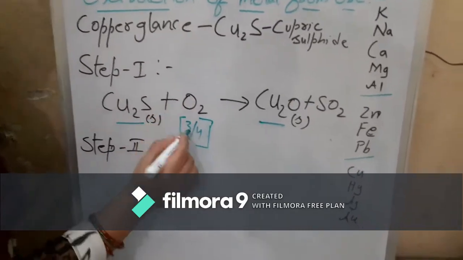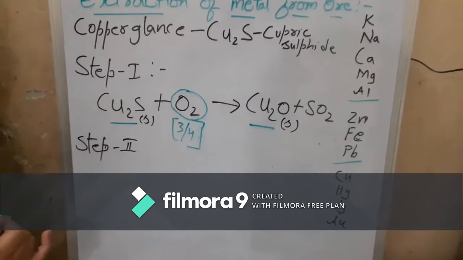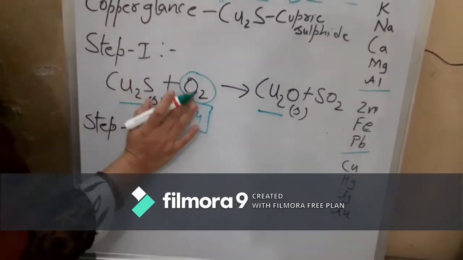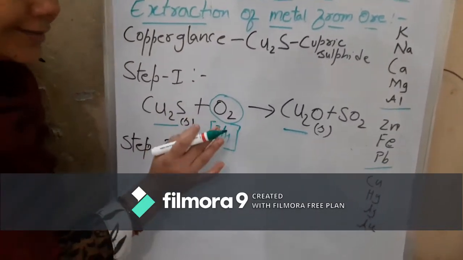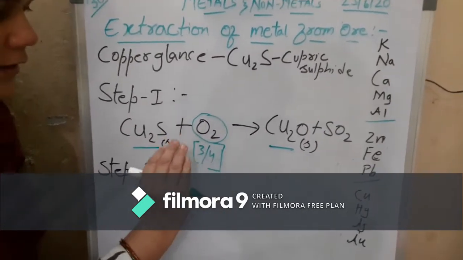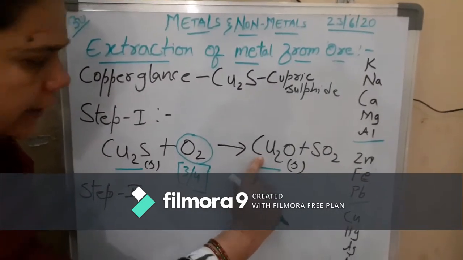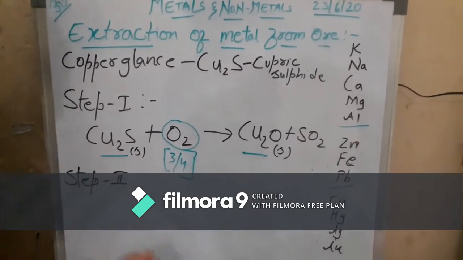Then they are going to stop the supply of oxygen. What is going to be done? Supply of oxygen is going to be stopped. So when the supply of oxygen is stopped, the reaction is carried out wherein there is a major portion of copper oxide with a small amount of copper sulfide.